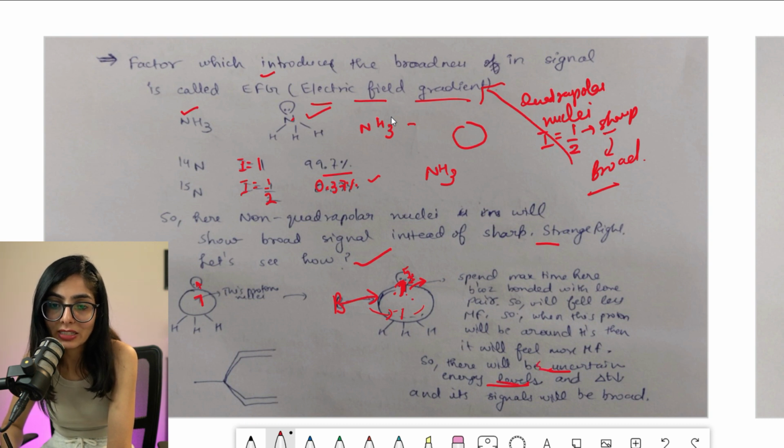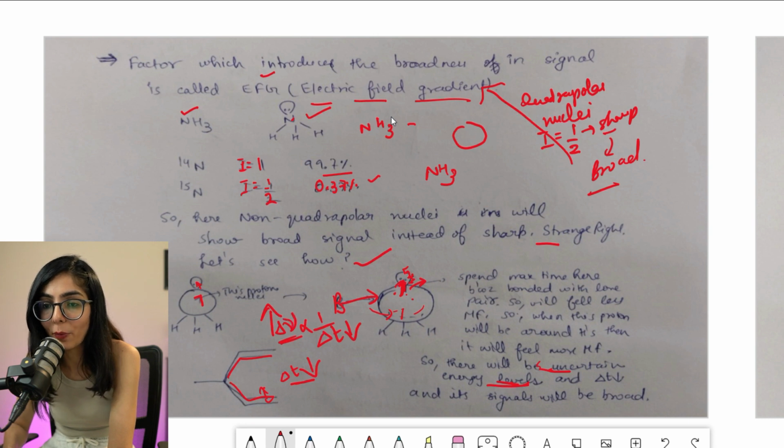So we know that in uncertain energy level, del T decreases. In the last slide I told you the time taken between energy levels will be less. So if del T decreases, del nu, being inversely proportional, will increase. If del nu increases, that means you'll get a broad signal.